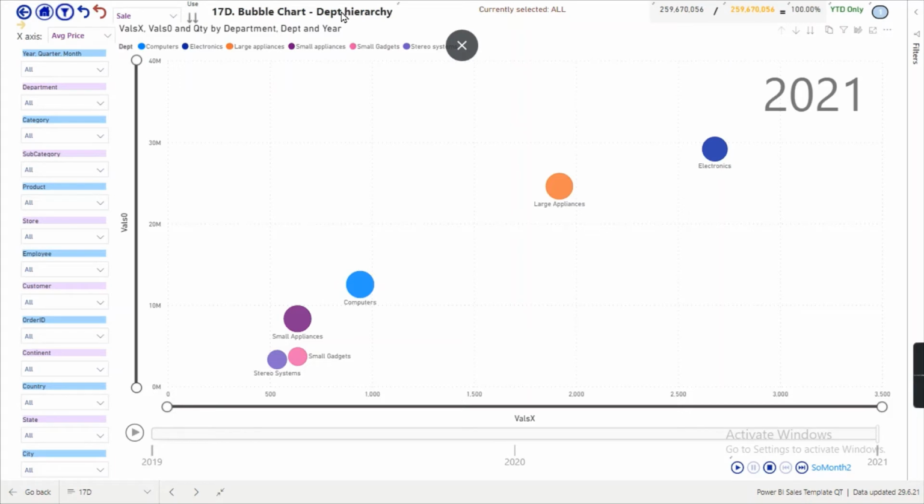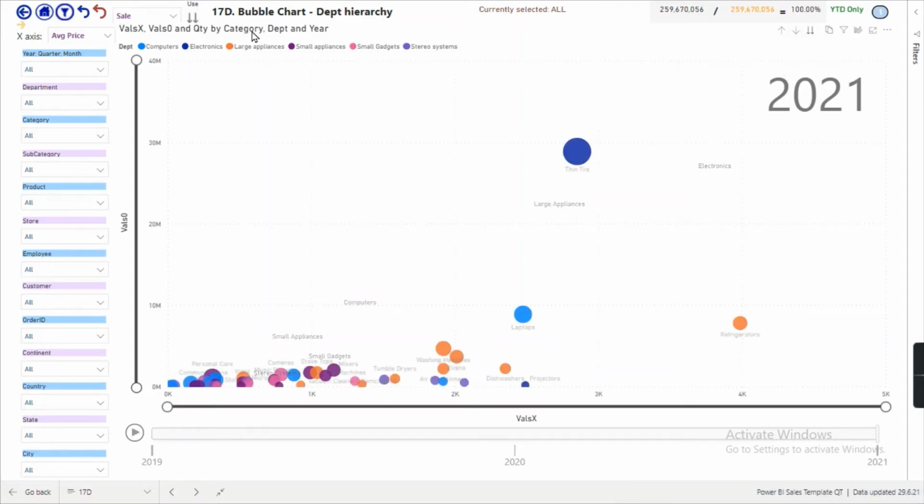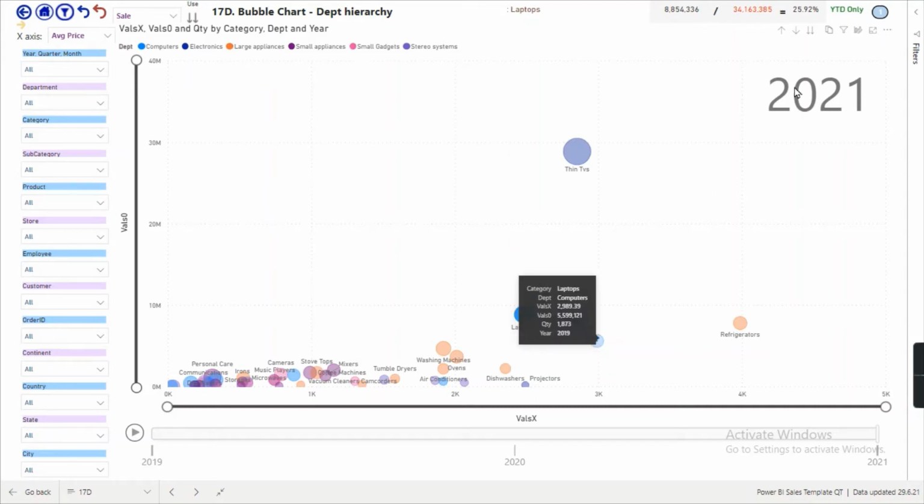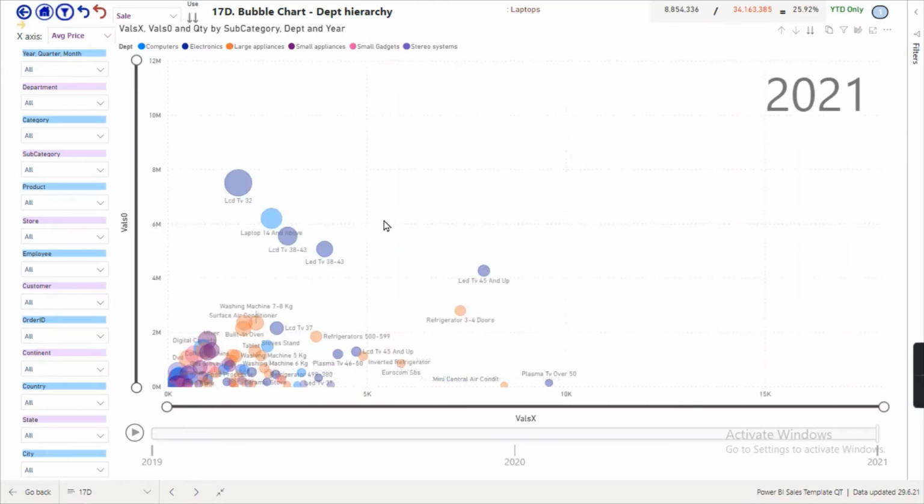We are in department. If I want to see category and subcategories, I have to go down one level. Now I am at the category level, and we have laptops. All the laptops are going down still and increasing in price. If I want to see the big laptops, next level, subcategories, let's see laptop 14 and above is going up from old to new, from 19 to 20, 21.